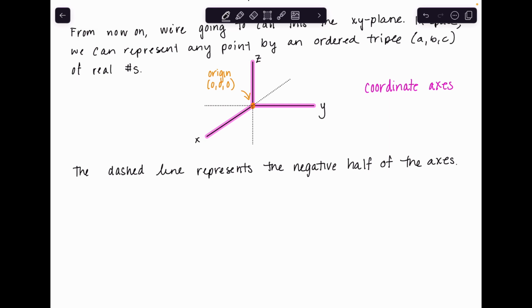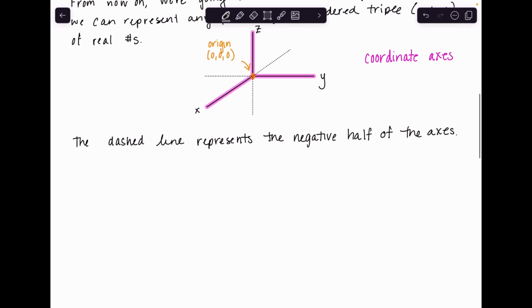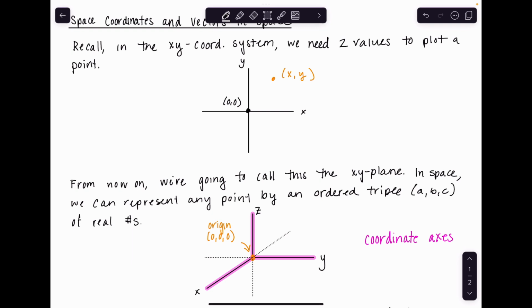Now within here, we told you that the XY plane is exactly that 2-dimensional space. So we really have a couple different planes that are going to be important for us. So these coordinate axes determine what we call our coordinate planes. So a plane, we'll get into detail about that very soon, but it's just that flat surface.